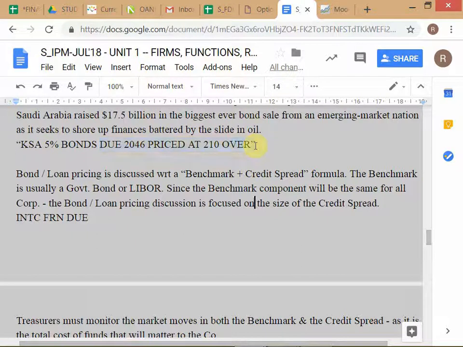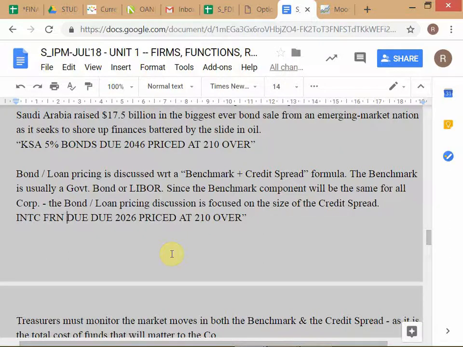Normally you don't have such long FRNs, but let's say we'll make it 2026. Now what you have to specify is something else, because there's a problem here. FRN stands for floating rate note.